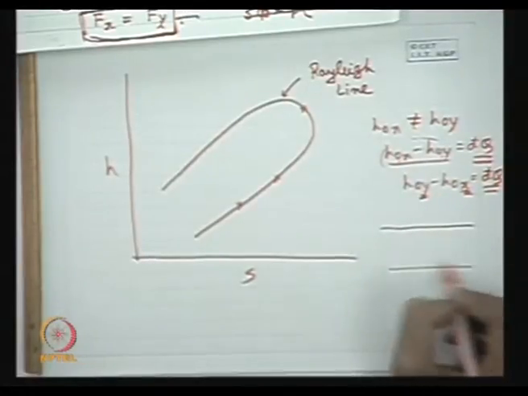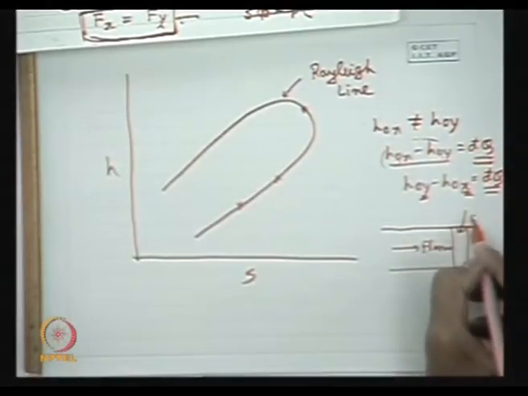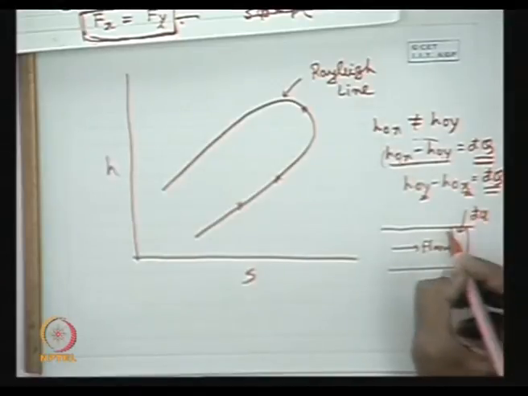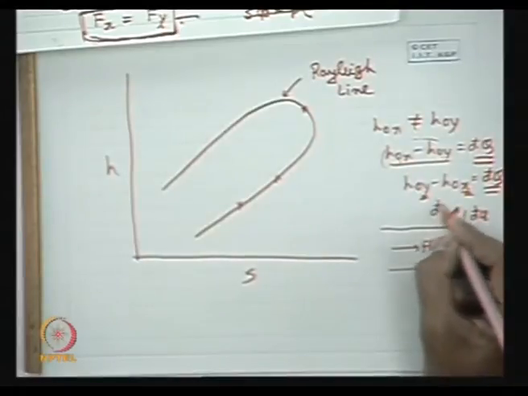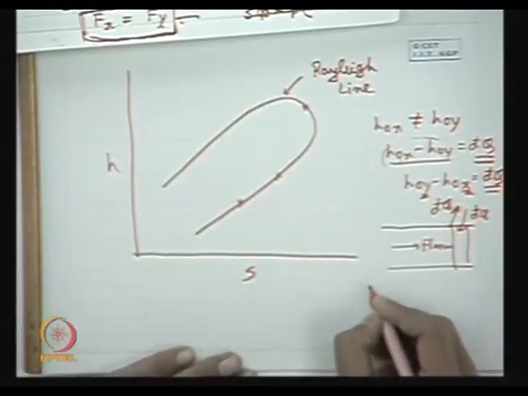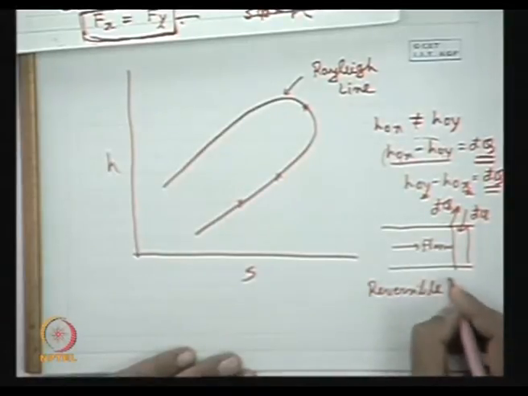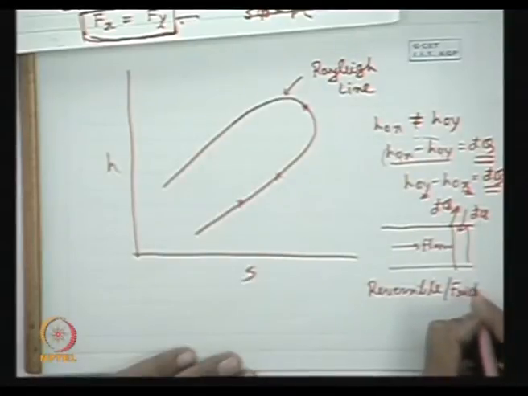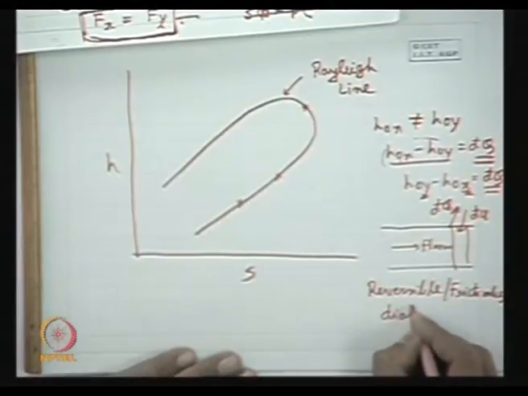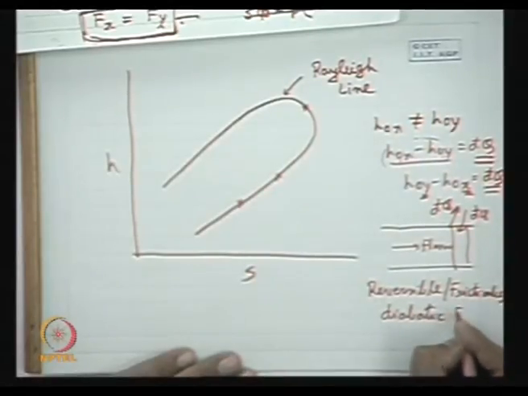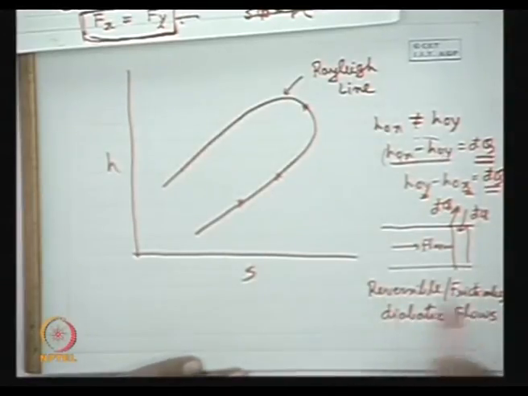That means it represents a flow where friction is absent, but there is heat transfer. Heat is either added or taken away; I write dq with a cut to differentiate it from a perfect differential. So, this refers to flows which are reversible or frictionless diabatic, that is, flow with heat transfer but without friction.